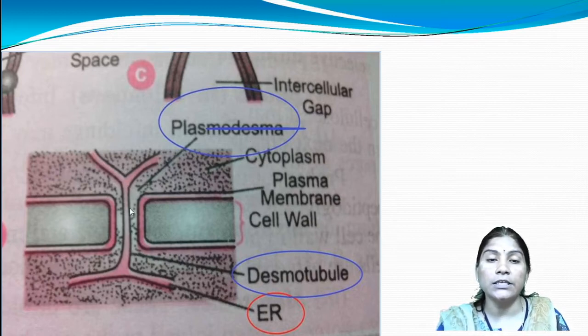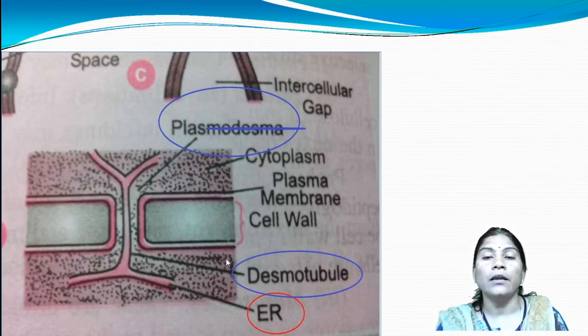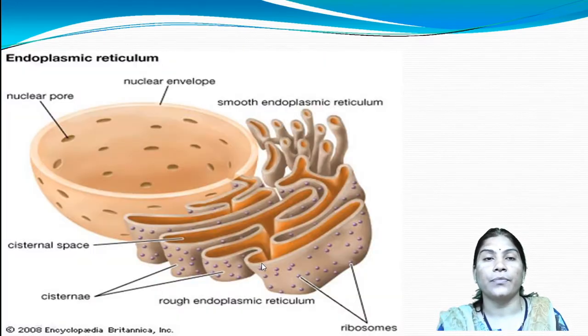Through these tubule-like structures that we call desmotubules, the neighboring cells communicate or link their protoplasm through the plasmodesma by desmotubules.